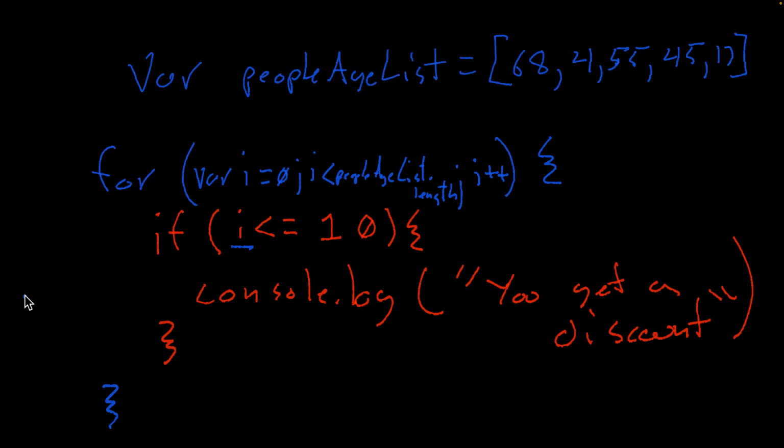I'm going to say if array, people age list. So we have to name the specific array. People age list at I. That's going to read the specific value, 17, 45, or 4, 68.